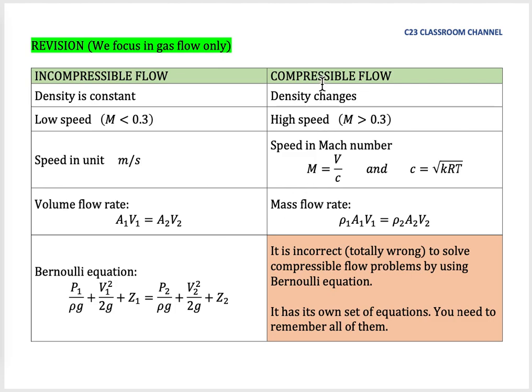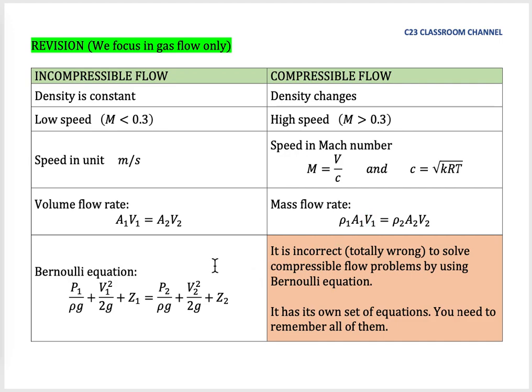However, in compressible flow, because the density changes, we need to put a density term in our continuity equation, so we must use the mass flow rate. The equation is rho 1 A1 V1 equals rho 2 A2 V2, where rho is the density, A is the cross section, and V is the velocity of the fluid.